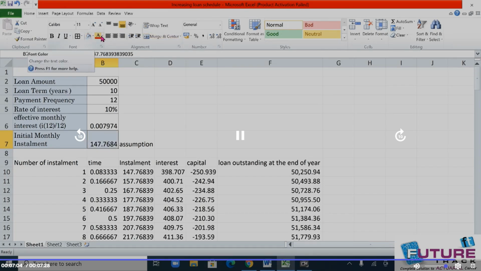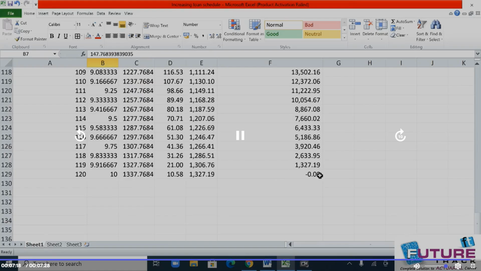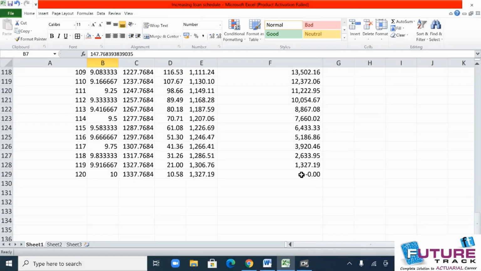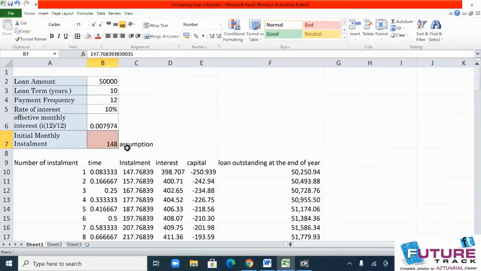This is my initial installment which I have to pay. If we round it off, it is 148 rupees payment we have to make, so that my loan outstanding at the end of the 10th year becomes 0. Fine. So class, in this way we can solve this question.